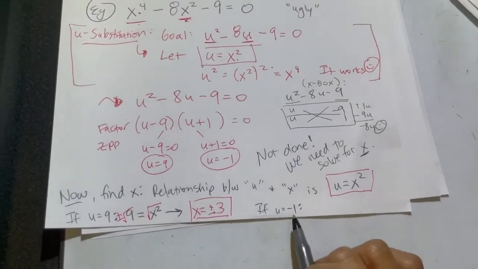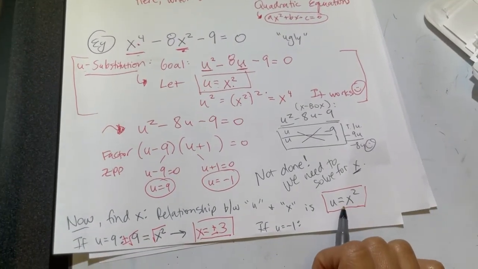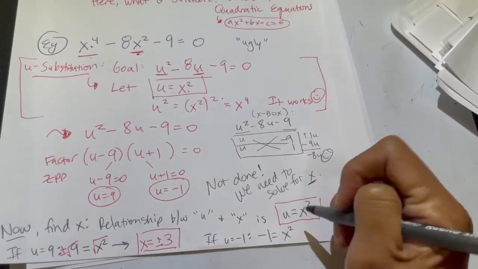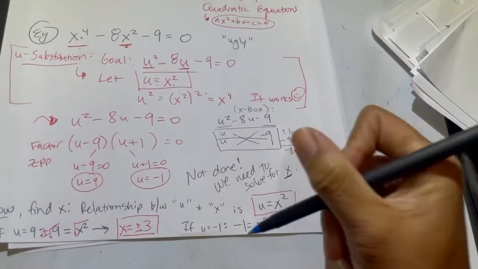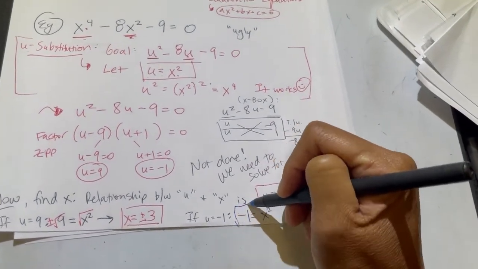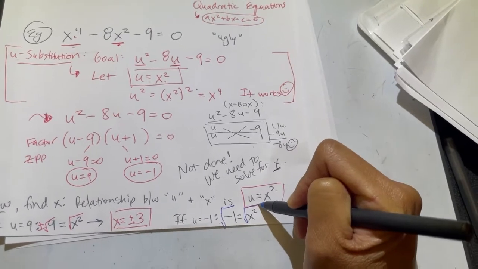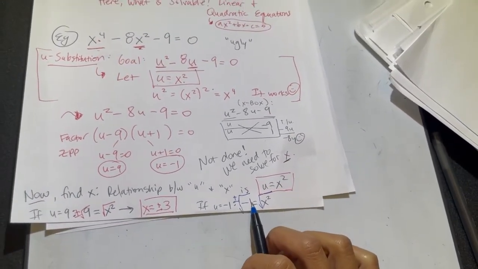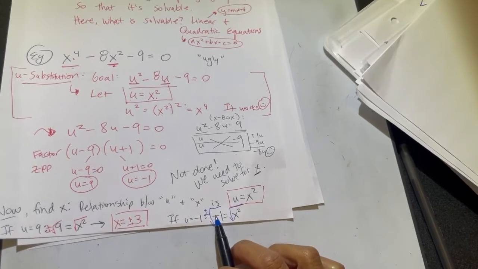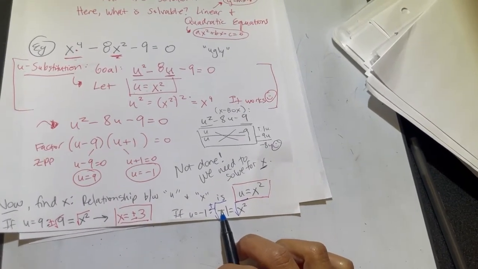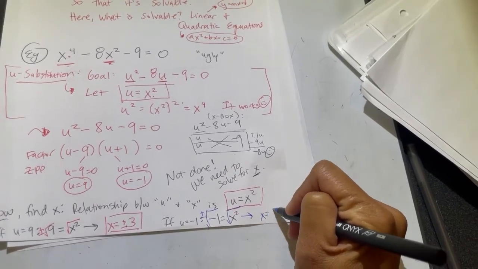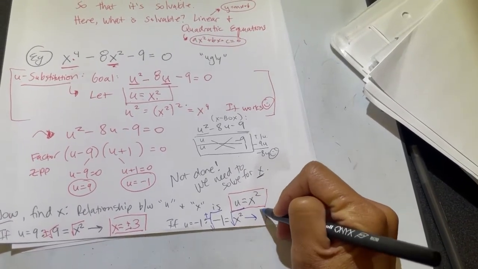What do we find out when we plug in negative 1 in here? Can you square root a negative 1? No. I need a plus or minus. Well, if we're working in a complex world, we can. What's the square root of negative 1? i. So therefore, x is equal to plus or minus i.